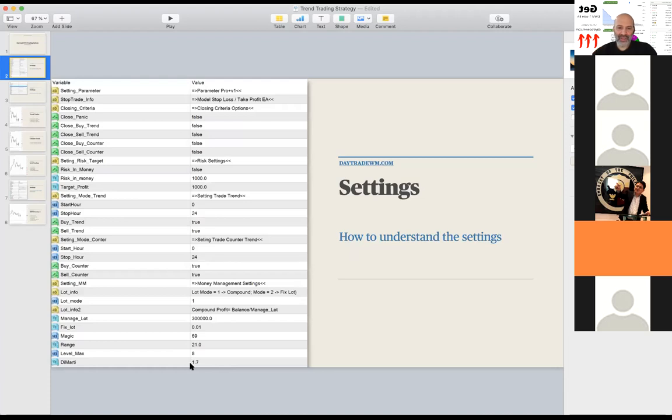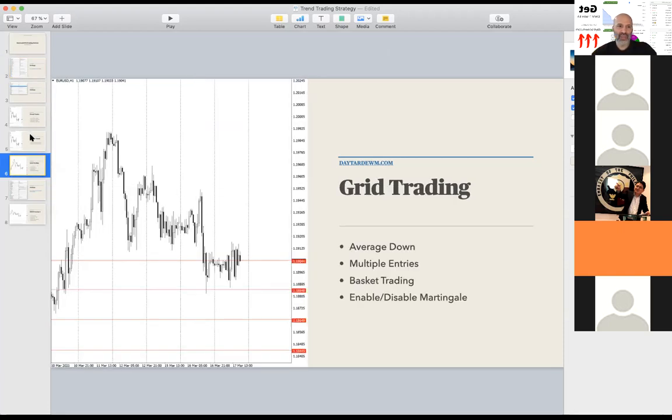If you want martingale, you will have 1.7 as the Dmrt level. If you want anti-martingale, we will do a special webinar for this because it's very interesting how it can improve the trading results. If you want anti-martingale, you set this to 0.9. So it will start to decrease in the next orders instead of increasing the lot size.